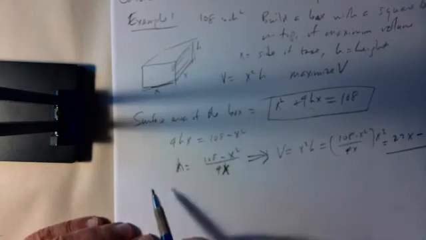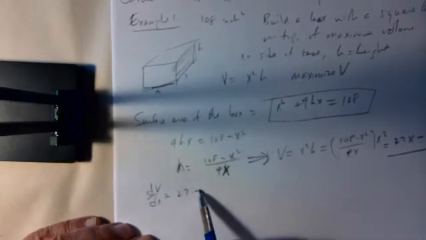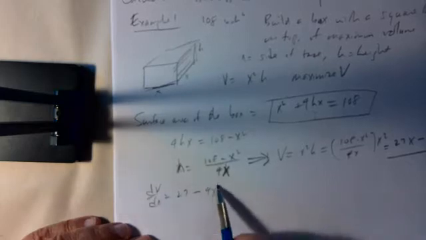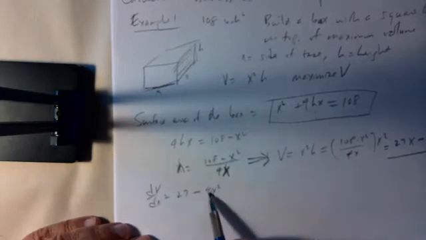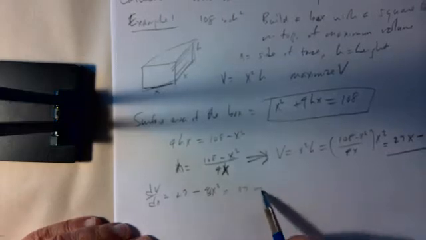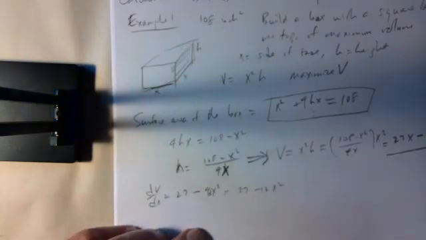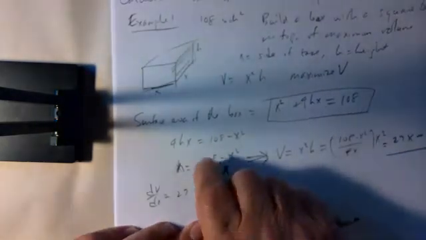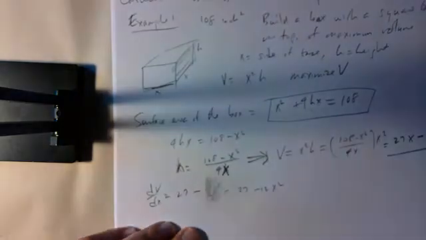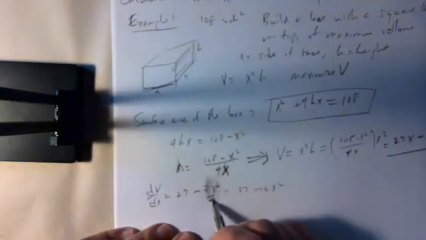So how do we find a maximum? Take dV/dx. Oops, sorry. Let me do this right. I differentiate that, I get 27 minus the derivative of x cubed, 3x squared over 4.